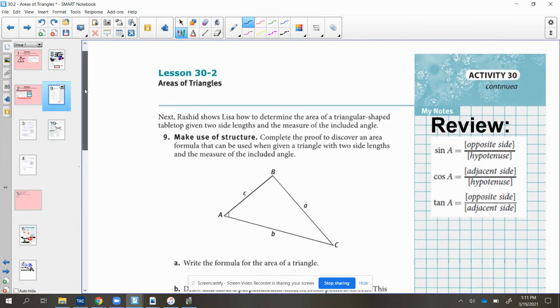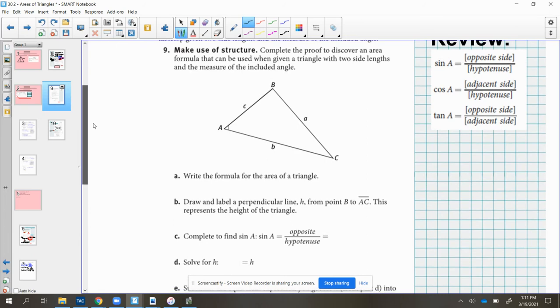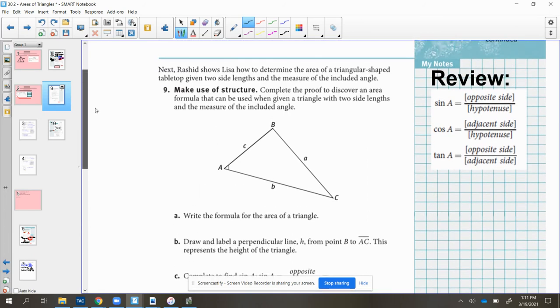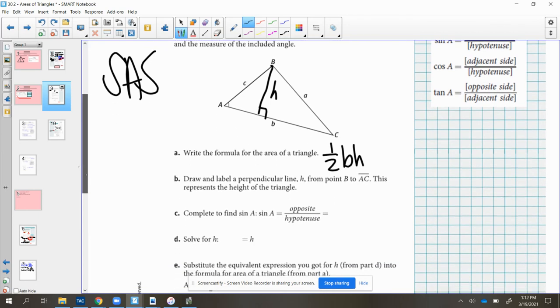Now, one last formula that you will see is dealing with when we are specifically given a side angle side situation, okay? And basically what's happening in this formula, if we're trying to derive it, let's say we know angle A, we know this would be the height of our triangle, B would be the base, we would need 1/2 base times height to get the area.